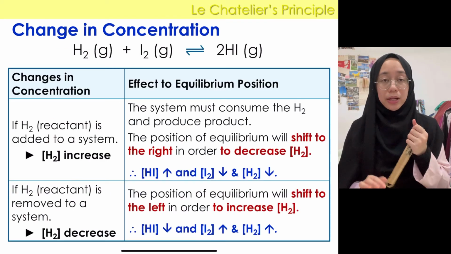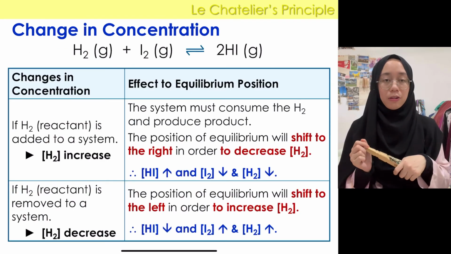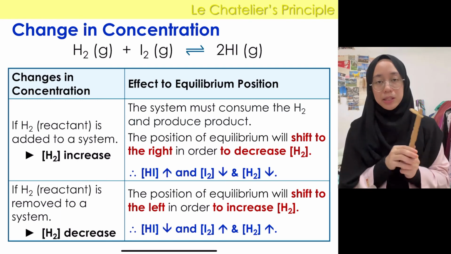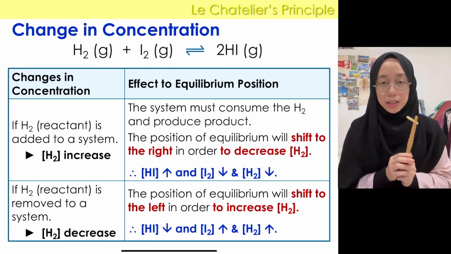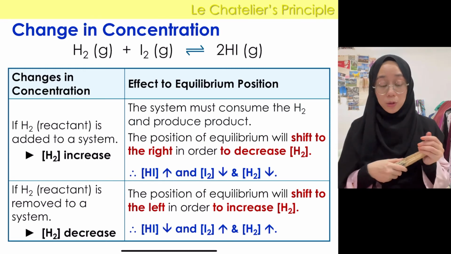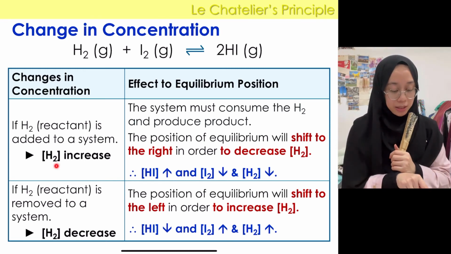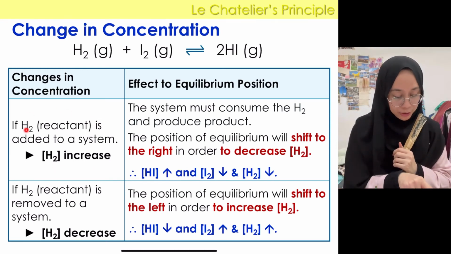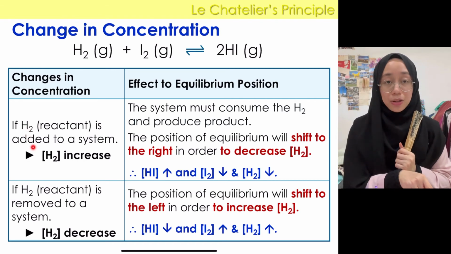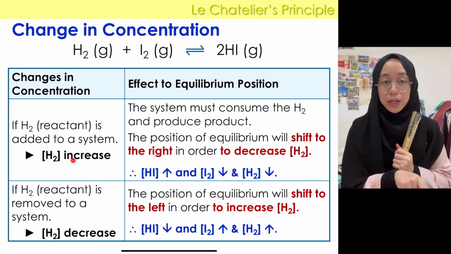So you can have a look at this. This is basically a summary of what happens to each species in our reaction, whether it is a gas or an aqueous solution. Okay, so this is if we disturb hydrogen. Hydrogen is added to the system, meaning the concentration of H2 will increase.